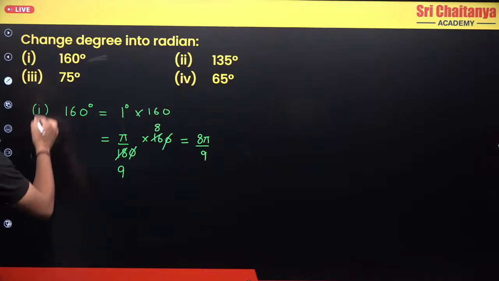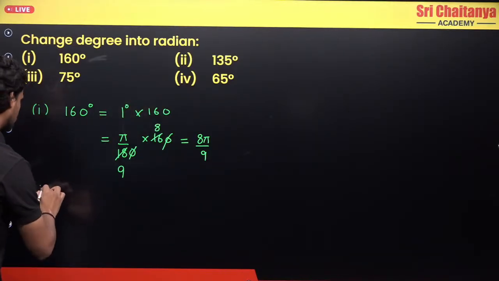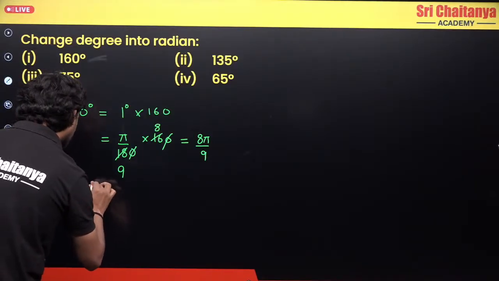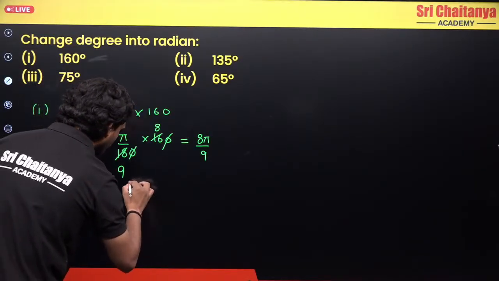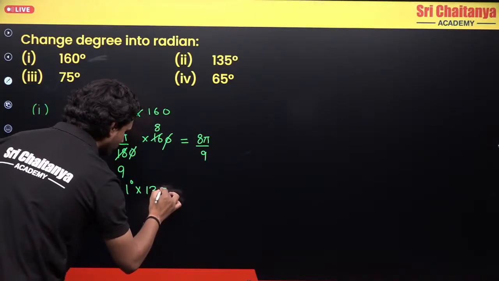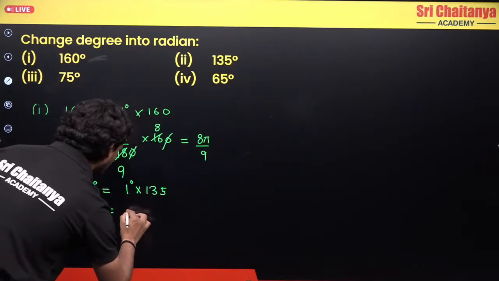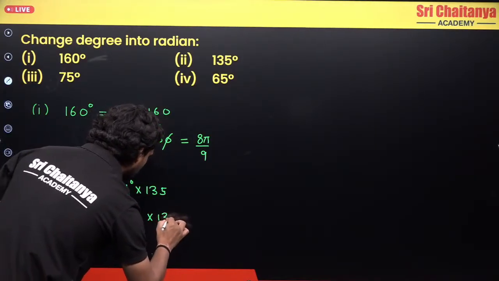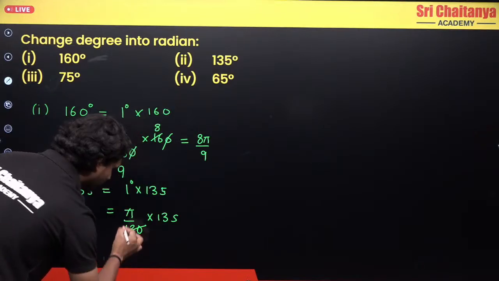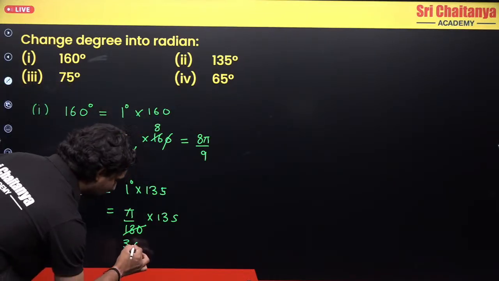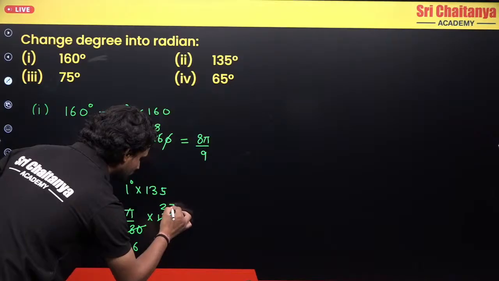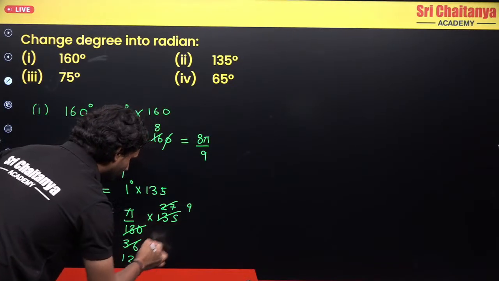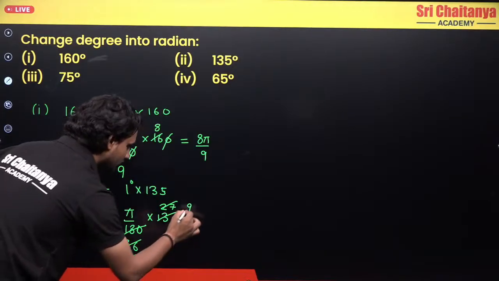Let's solve the second question, 135 degrees. I can say 135 degrees is 1 degree into 135. This will be equal to pi by 180 into 135. 5 3s are 15 and 5 6s are 30, 5 2s are 10 and 5 7s are 35, 3 1s are 3, 3 2s are 6 and 3 9s are 27, 3 4s are 12 and 3 3s are 9.